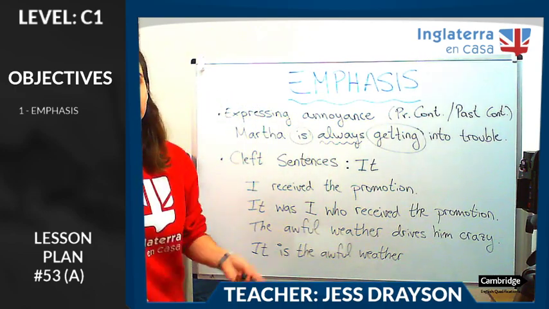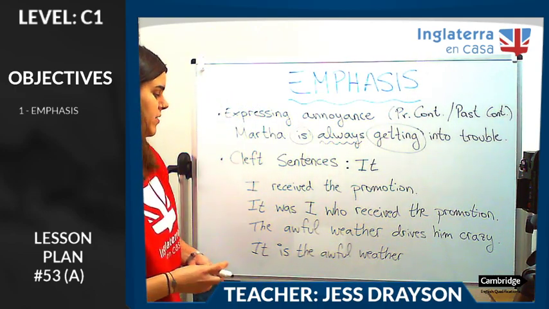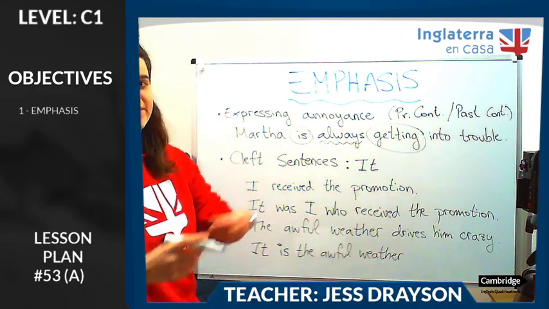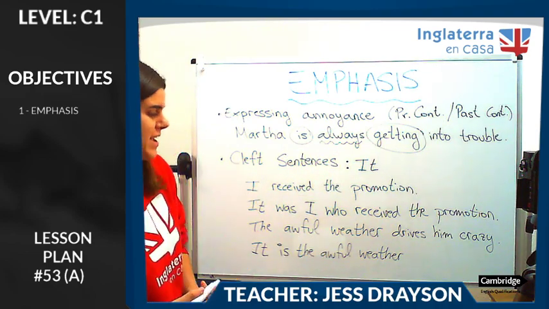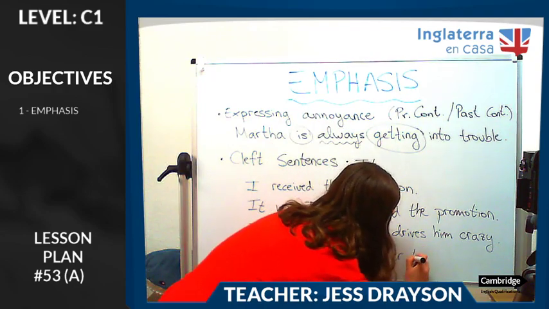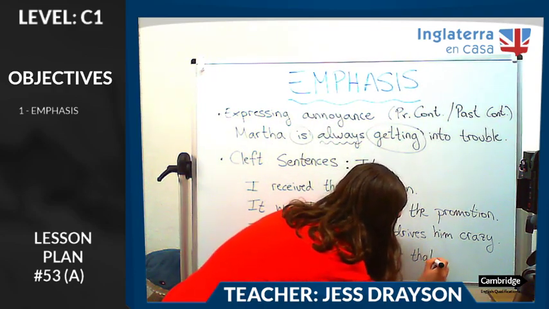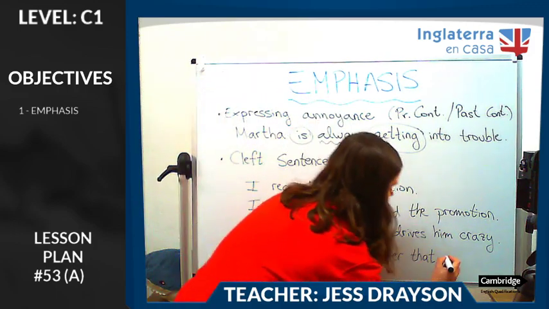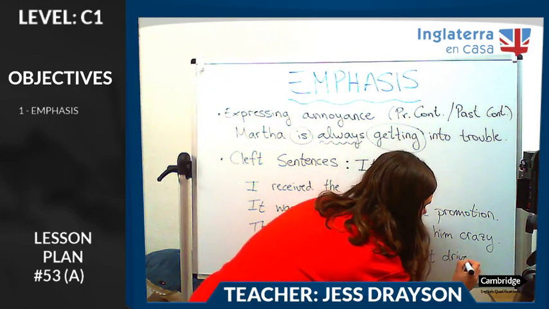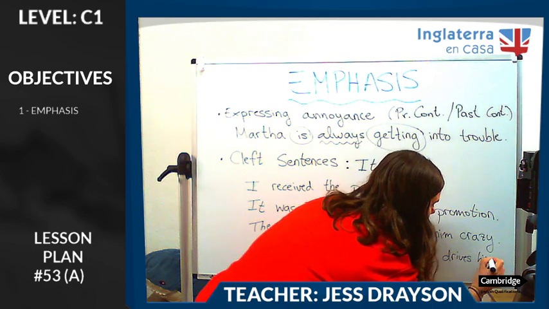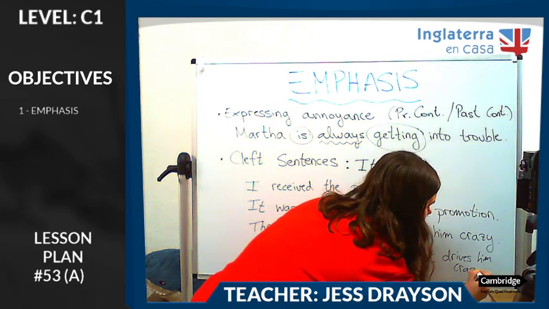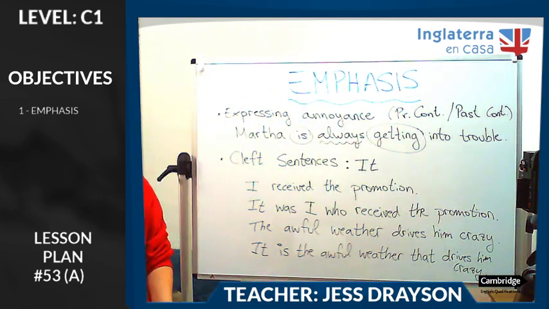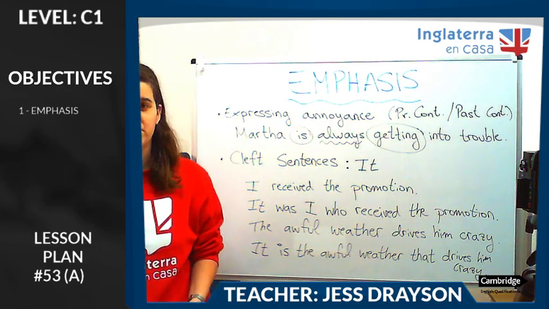Then we need the relative pronoun that I was talking about. Okay, so in this case, because the awful weather is a thing, you would say that or which. I prefer to use that because I use that a lot more than I use which. That drives him crazy. Okay? It is the awful weather that drives him crazy.